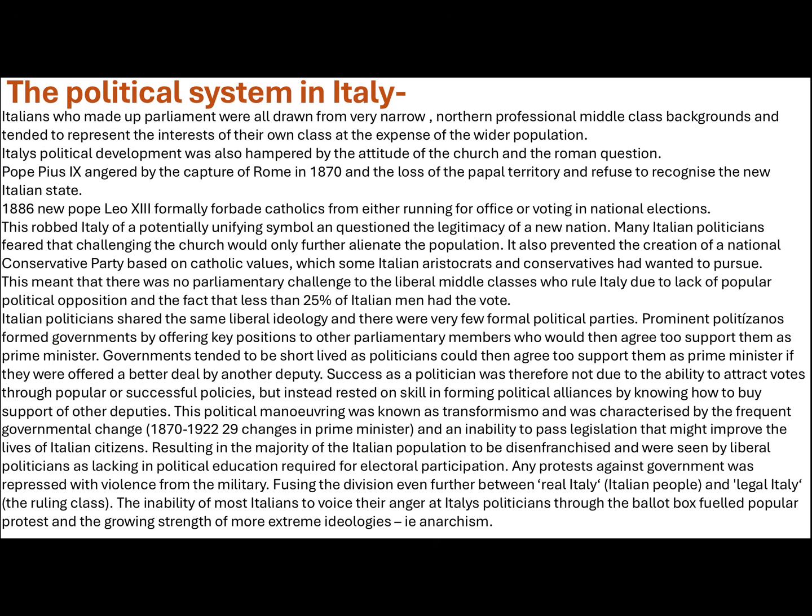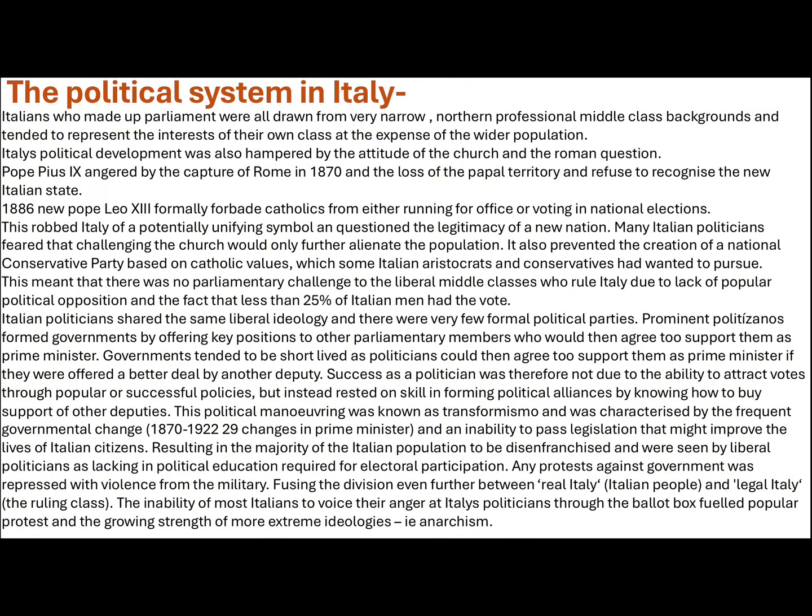The governments tended to be short-lived, as deputies could switch their support if they were offered a better deal by any other politician. Success as a politician was therefore not due to the ability to attract votes through popularity or successful policies, but instead rested on skill in forming political alliances by knowing how to buy the support of other deputies. This political manoeuvring was known as transformismo, and was characterised by frequent governmental changes.